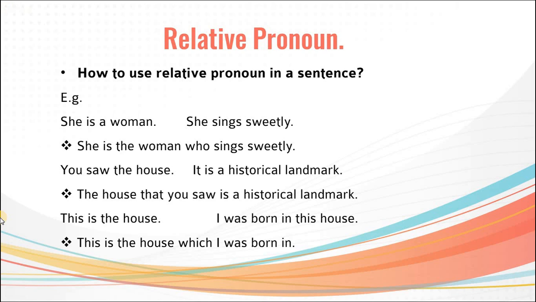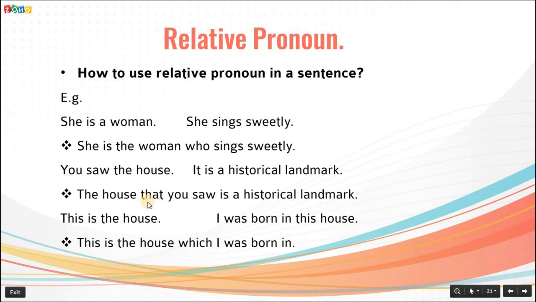The other sentence: you saw the house, it's a historical landmark. There was a house you saw, and the house was a historical landmark. By joining these 2 sentences, you can make the sentence: the house that you saw is a historical landmark.